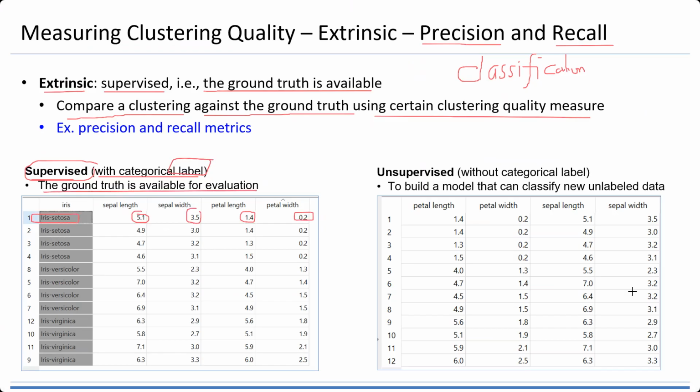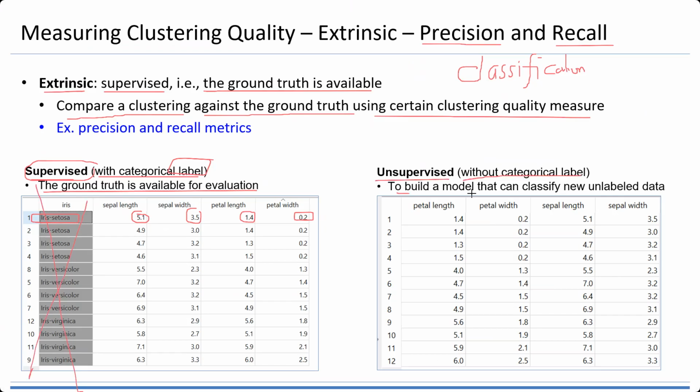But now I am going to make it unsupervised. Unsupervised means I will delete the iris column. So I will remove the category label, and then I will check.